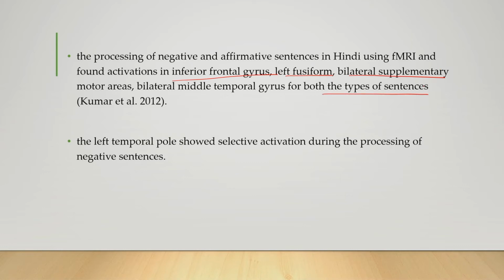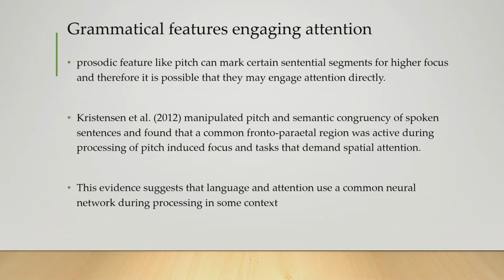So, which brain regions are active, whether it is an affirmative sentence or a negative sentence, has also been looked at by using fMRI as a method. The left temporal lobe showed selective attention during processing of negative sentences. So, you see there is a selectivity there. These are some of the findings with respect to this.